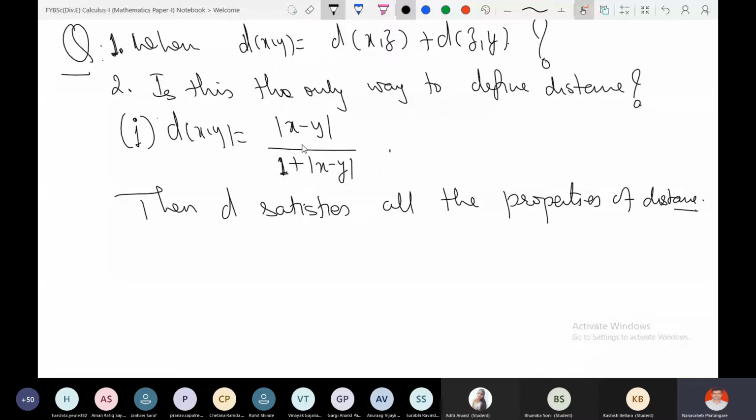Then again, you can ask the question, but saying it is not useful in day-to-day life is not correct actually. But common people cannot use this distance function. What I mean by common people is that in our daily routine, we do not use this distance, but it is useful in day-to-day life also.